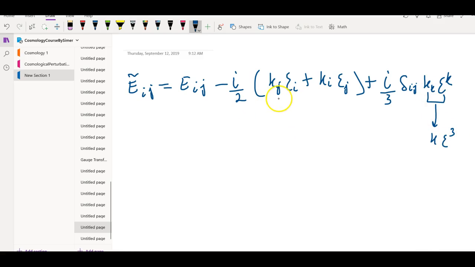And here we have delta j3, this is delta i3.